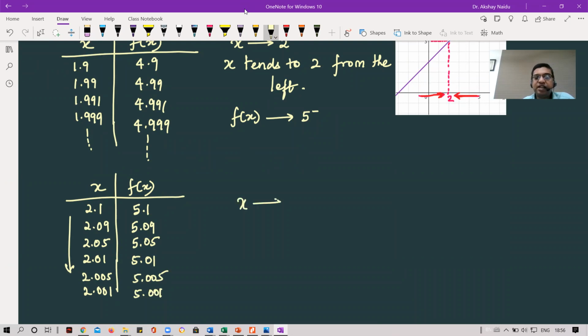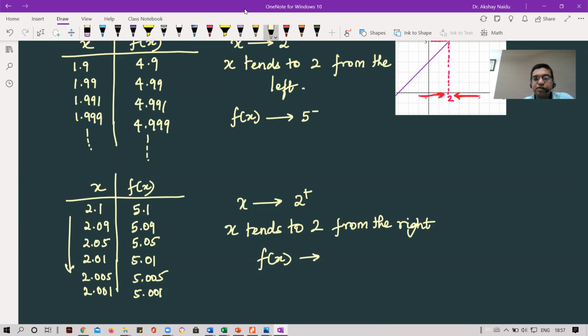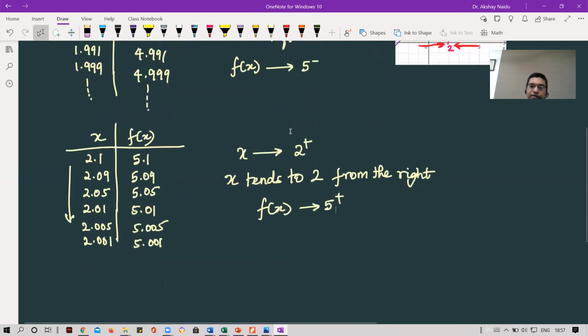As x is approaching the value 2 from the right, we say x tends to 2 from the right, then f of x is tending to 5 plus. Okay, x tends to 2 from the right, f of x tends to 5.